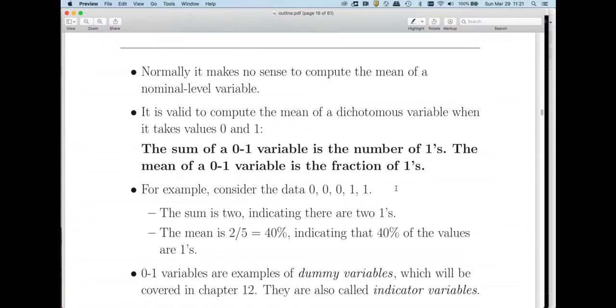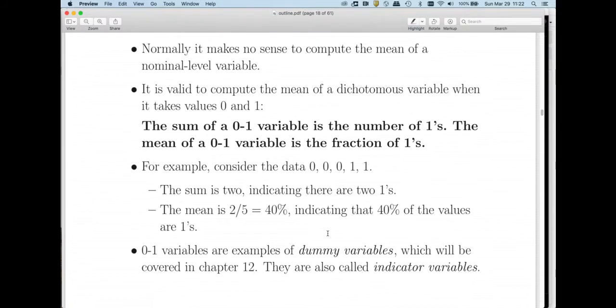So if I take the sum of the values, I get 2, indicating there are 2 defective parts. Okay, so the sum of a 0, 1 variable is just the number of ones. Of course, but that's something we're going to use a lot when we get to the binomial distribution. What is the mean of this? Well, the mean is 2/5 or 40%, so 40% of the values are defective.